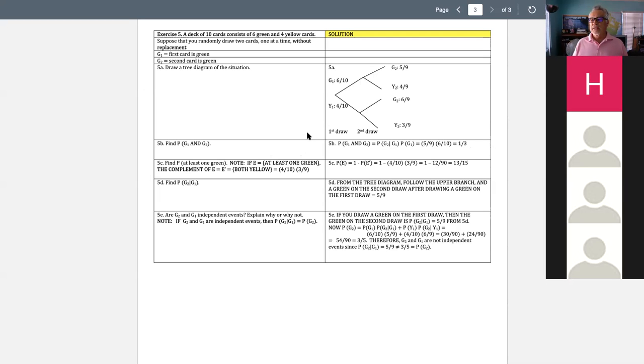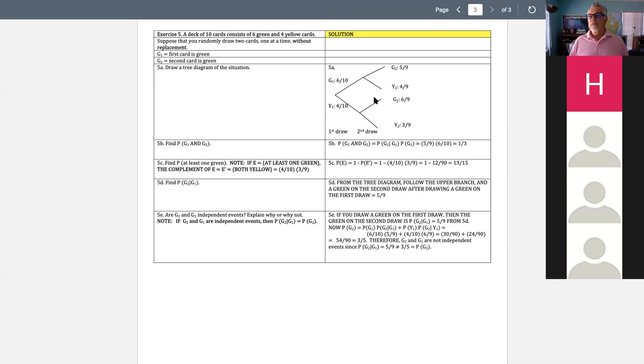Or you could get a green on the first draw and a yellow on the second draw, or vice versa, a yellow and then a green. In any one of those scenarios, you would have drawn at least 1 green card. And then you could add those probabilities up. All 3 of those events are mutually exclusive, so their probabilities simply add up.